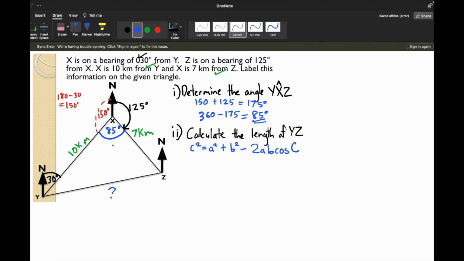We know that big C would be 85. 10 would represent A or B, and here would also be that. So then we will have C squared is equal to 10 squared plus 7 squared minus 2 times 10 times 7 times cosine 85. So let me see. I'll walk this out and see what y'all get.